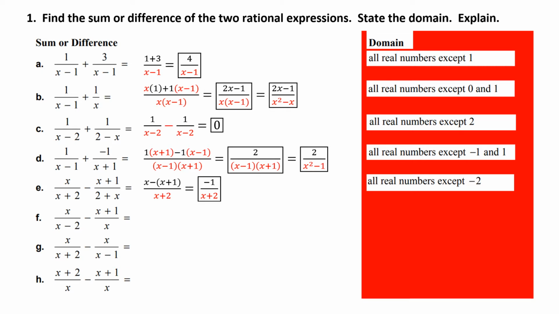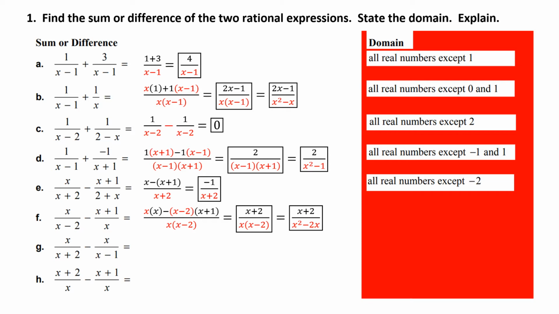For example F, we have x minus 2 and x in the denominator. Our first fraction needs to be multiplied by x over x, and our second, x minus 2 over x minus 2. When we do that, it's going to require us to, first of all, multiply x times x and get x squared.